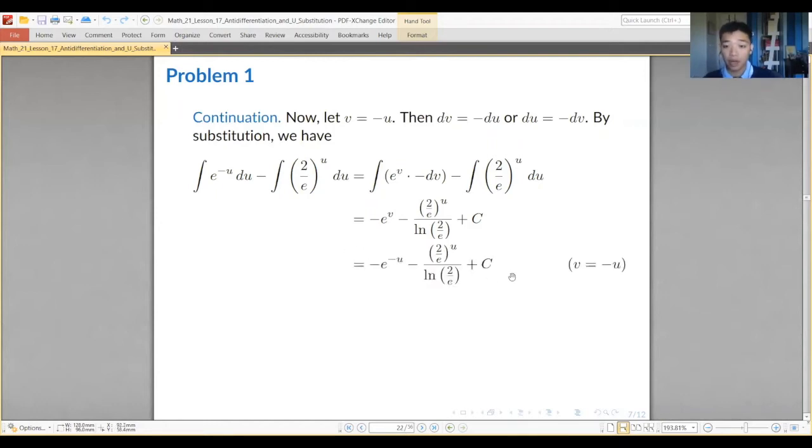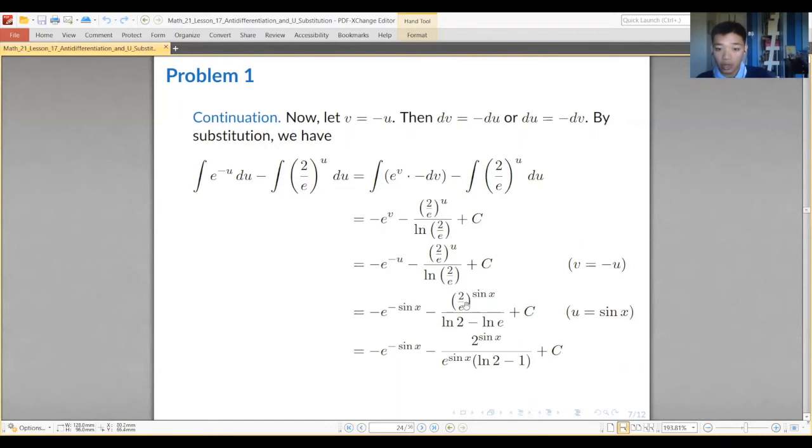And then we can apply our substitution. So of course, in our first substitution, we used v equals negative u, so you can replace the v with the negative u. And then we substituted u for sine x, so you can then replace the u with the sine x. And then this ln 2 over e here, the natural logarithm of 2 over e, applying the rules of natural logarithms, this becomes the difference between ln 2 and ln e.